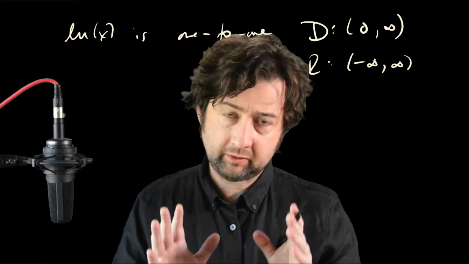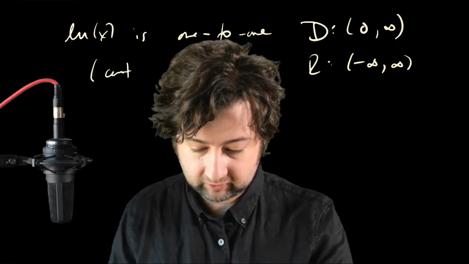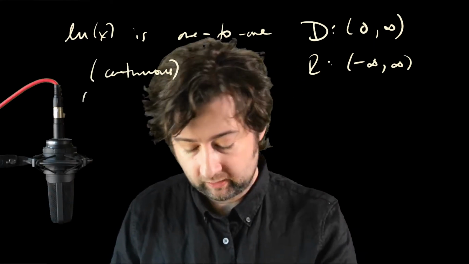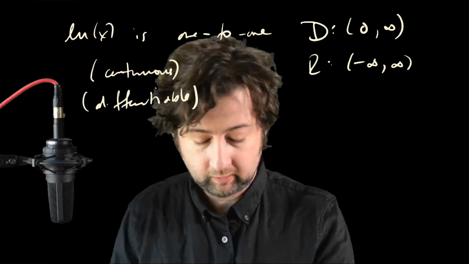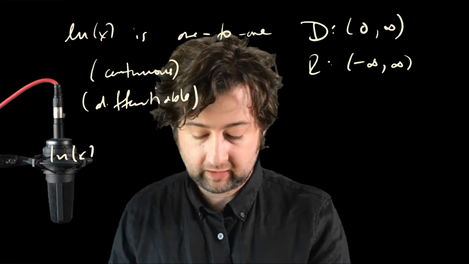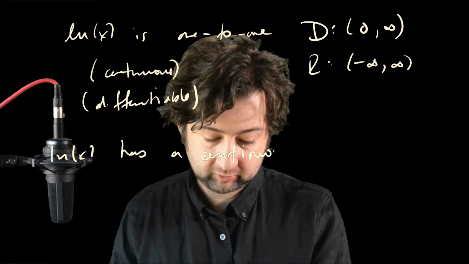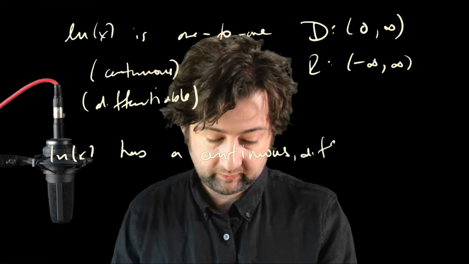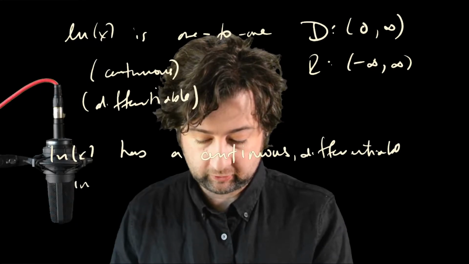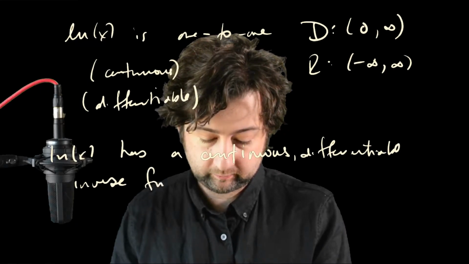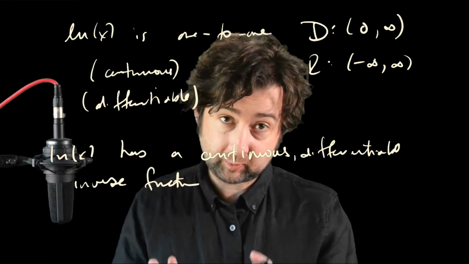And the fact that we know that the natural log is 1-to-1 and also continuous and also differentiable means that the natural log of x has a continuous, differentiable, inverse function. And we're going to call that function exp of x.